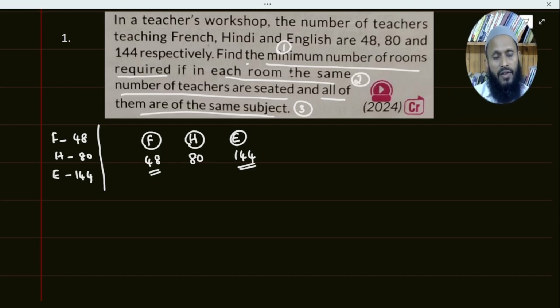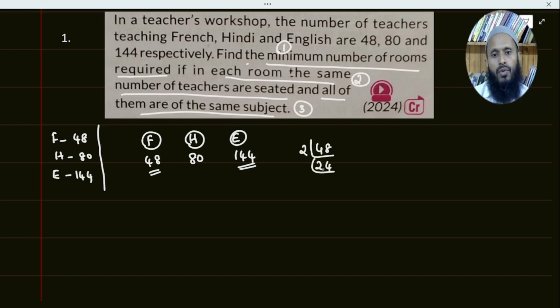Finally, I realized that what this question is actually asking is to find the HCF of these 3 numbers, 48, 80 and 144. I know how to find the HCF. I have to use prime factorization. So I'll try to find the HCF by prime factorization.